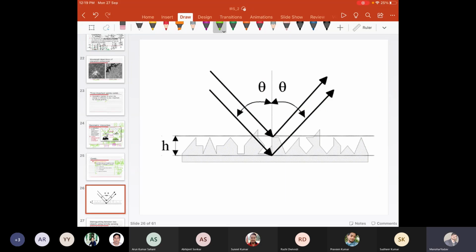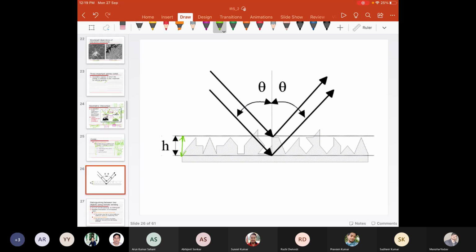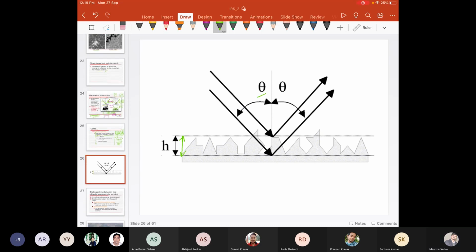Just see over here, this h is the surface roughness. It means this is a standard deviation of this height that is measured. And this is theta, the angle of incidence.